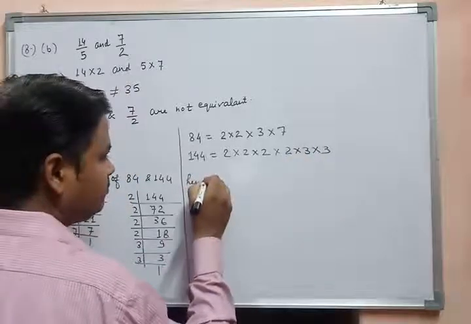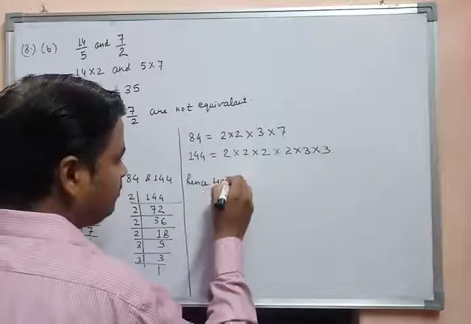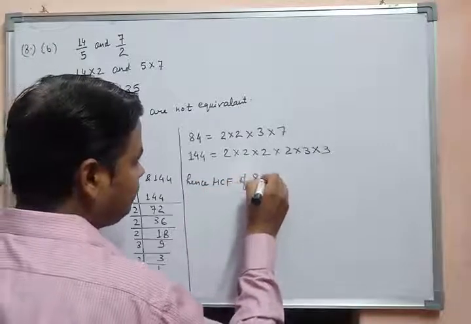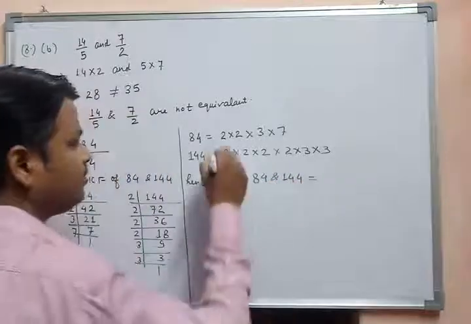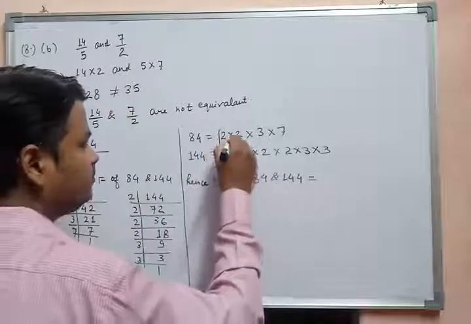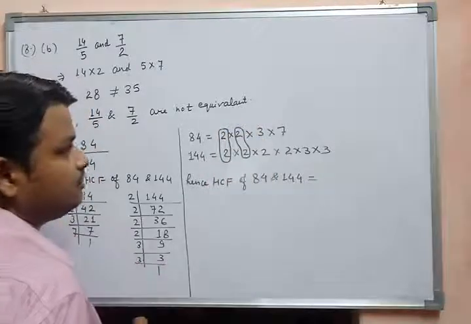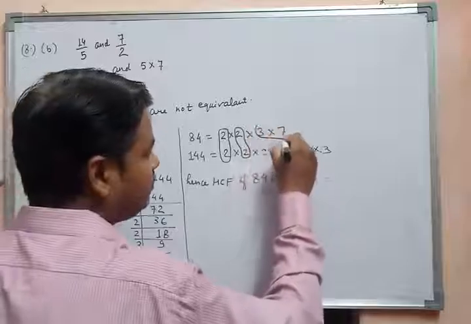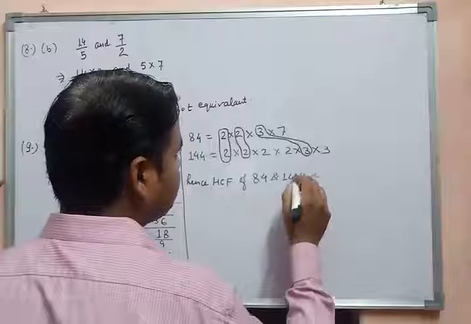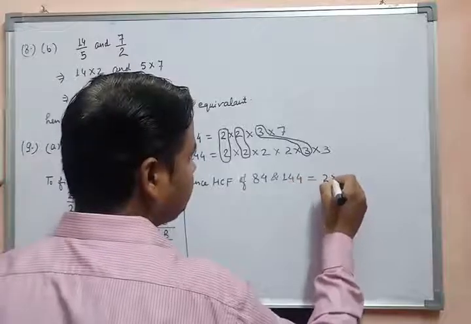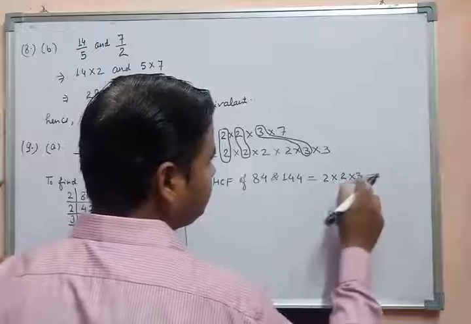Hence HCF of 84 and 144 is equal to, here the common factor is 2 and this is also 2, and this 3 and this 3. Okay, so you will get the HCF as 2 multiplied by 2 multiplied by 3, that is 2 2s are 4, 4 3s are 12.